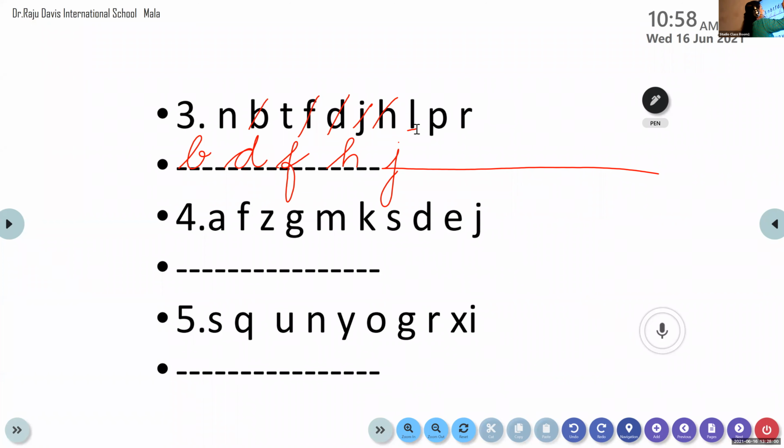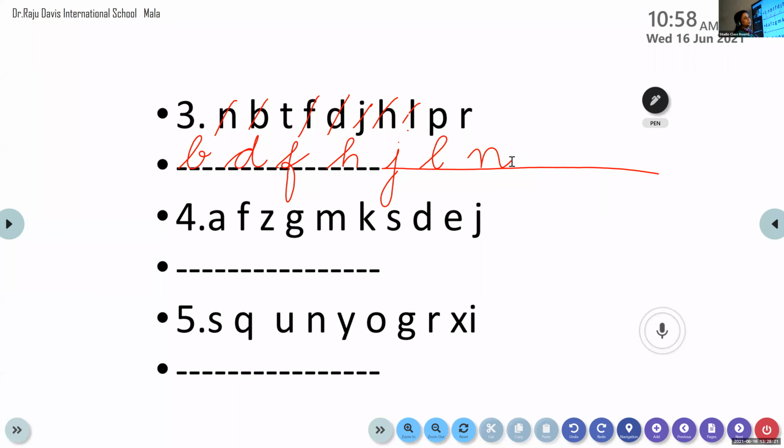Okay. So we have to write L here. All of you, please do write it. L. After L, yes, what you said is right. N. Very good. After L, K, L, M. M is not there, but N is there. Please do write it there. N. Yes.